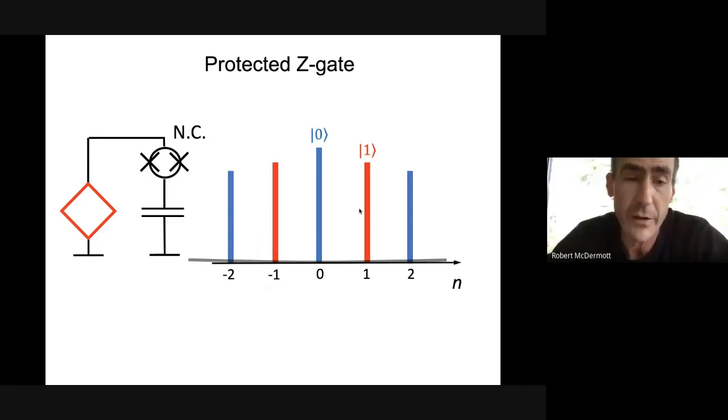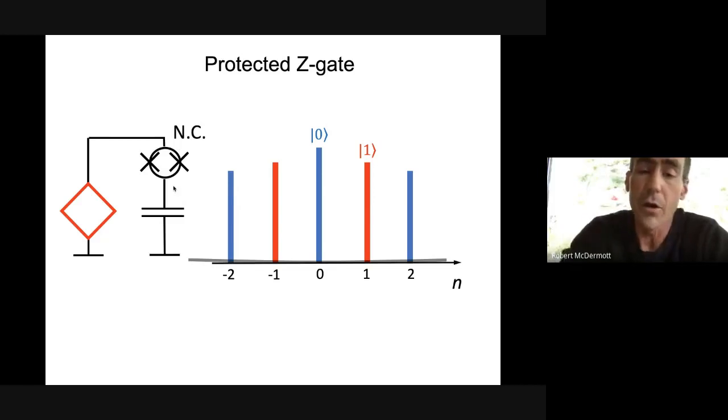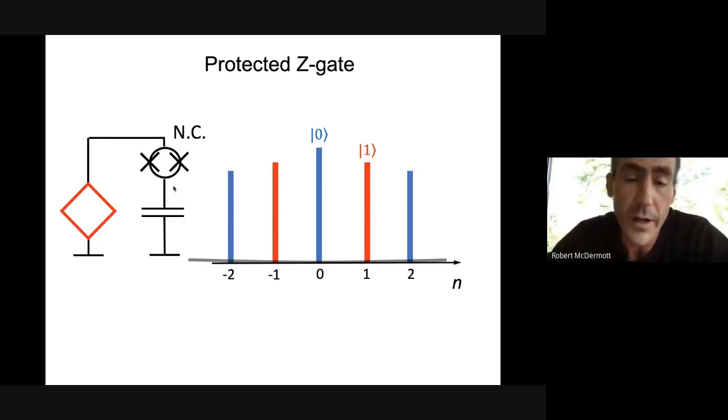So we take our plaquette, which is connected to ground with this very large shunt capacitance, and we put in series with it a squid switch that's normally closed, so that we've got very strongly delocalized wave functions in charge space, and the charging energy is quite small.